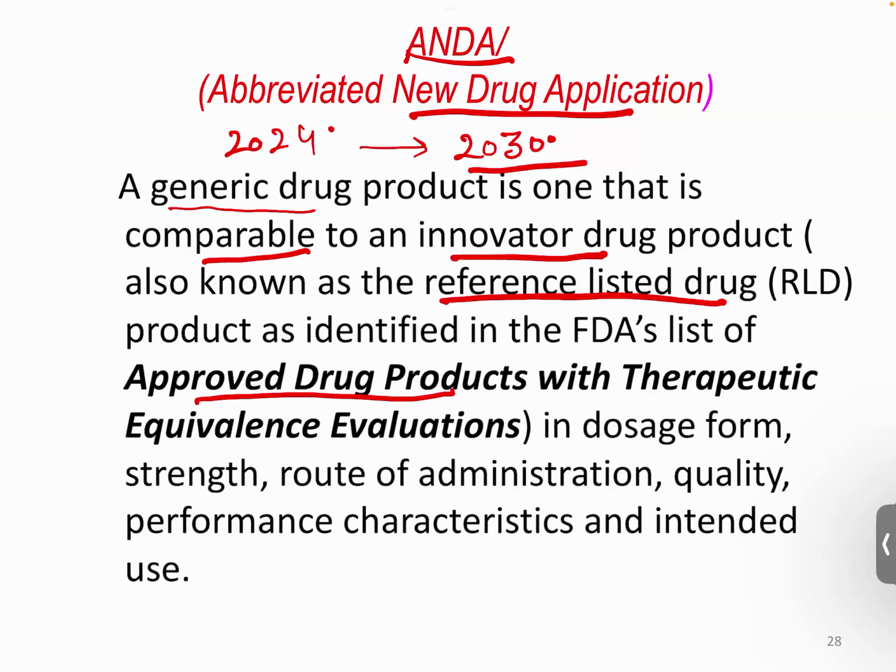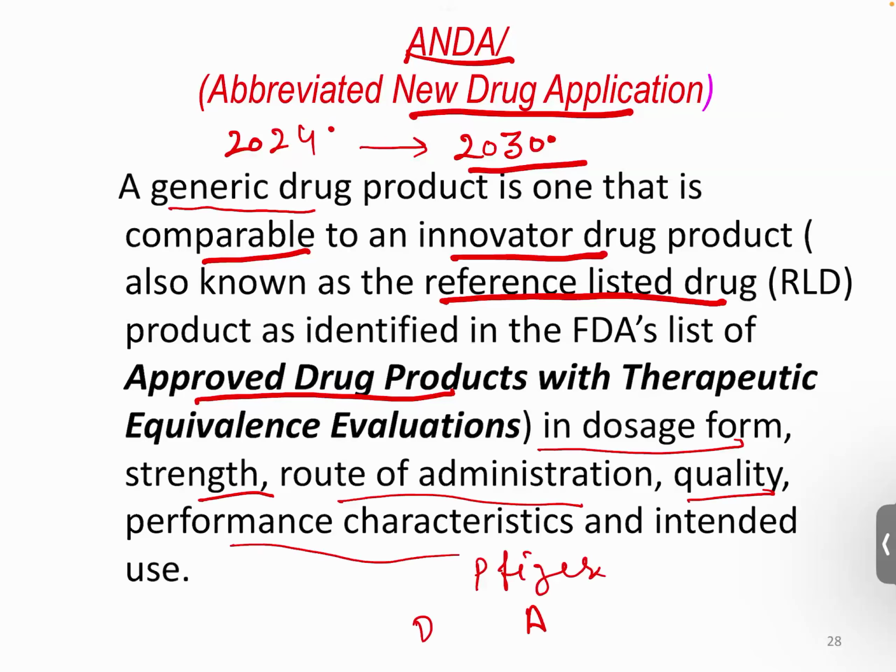The crux of the story is that suppose Pfizer had a drug A. Now the patent is over. Cipla can make it. What do they need to do? Do you think they need to do phases 1, 2, 3?